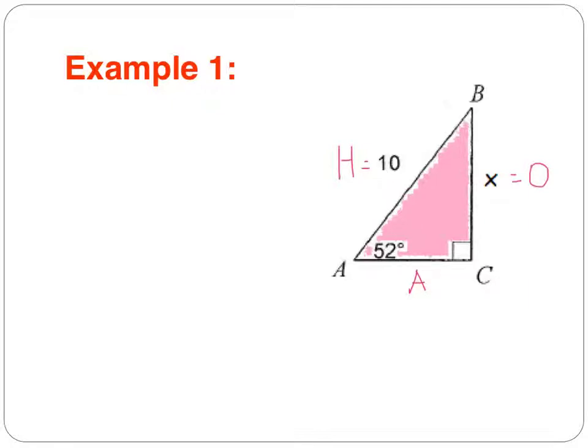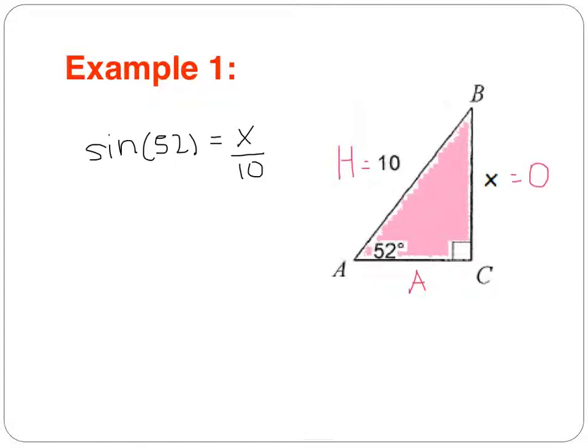Notice that we have the opposite labeled and the hypotenuse labeled. So we will be using the sine function. Let's go ahead and begin. We will say sine of 52 degrees is equal to the opposite, which is your x, over your hypotenuse, which is your 10.